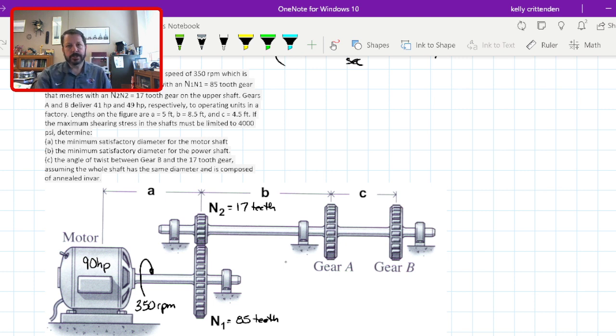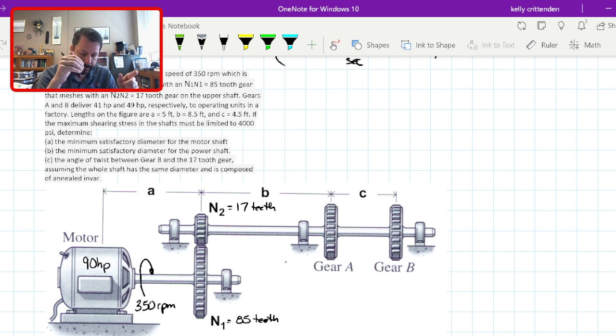So whenever you change the speed of a shaft, you also change the torque delivered in that shaft. And again, this problem doesn't mention any kind of efficiency losses, which there would be, but we're ignoring those. So in this case, I have taken a big gear, attached it to my motor, and then that big gear, the 85 tooth, is meshed with a smaller gear or pinion, 17 teeth.